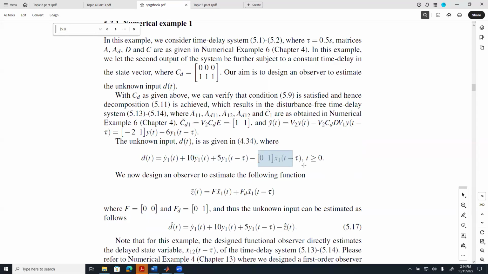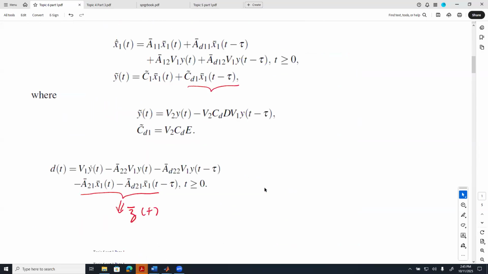But we have this extra bit here, and this extra bit is the generalized functional, which is estimating only the delay stack variable in there. So X bar 1, 2 delay, just like in our example 6 in chapter 4, we need to estimate directly. The matrices F and FD are basically 0, 0, and 0, 1.